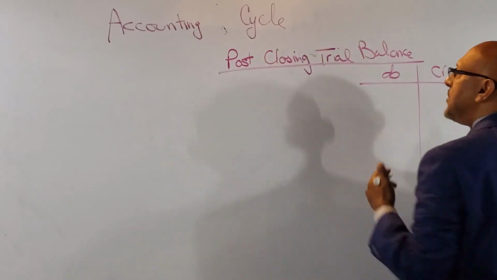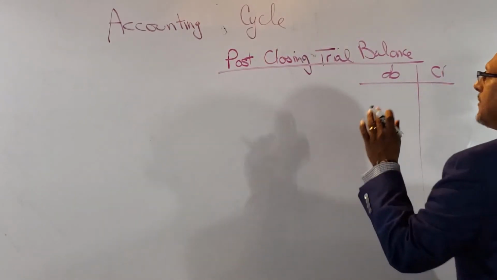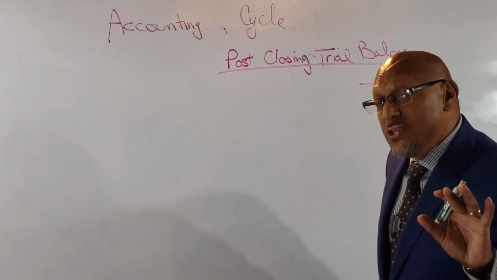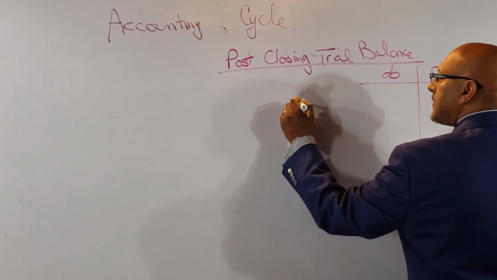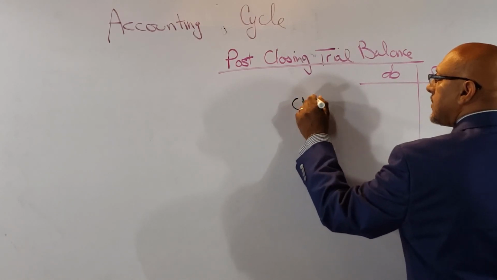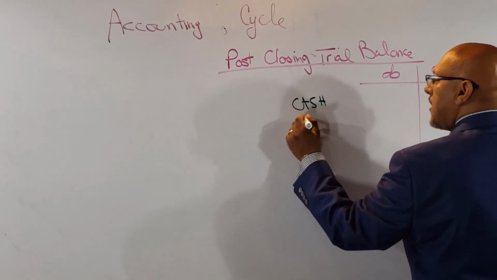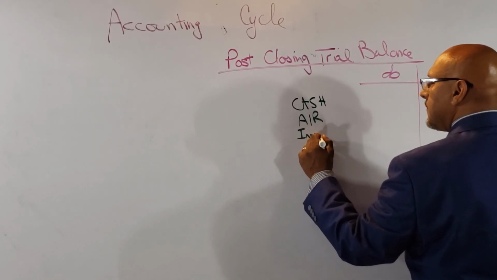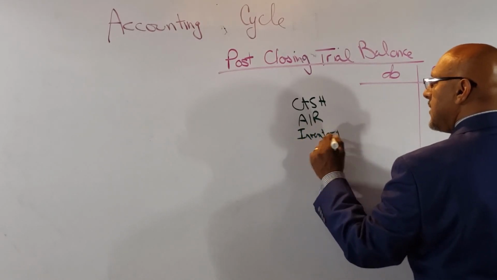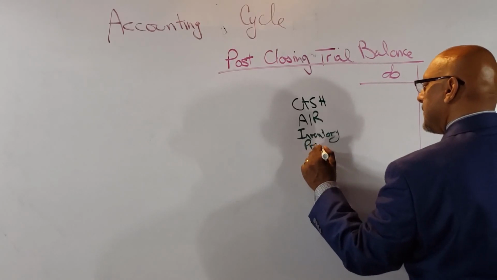In the post-closing trial balance, there's only one major difference. We still have our current assets, like cash, AR, inventory, prepays.